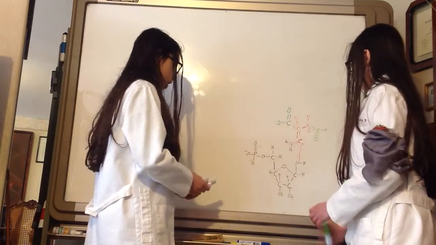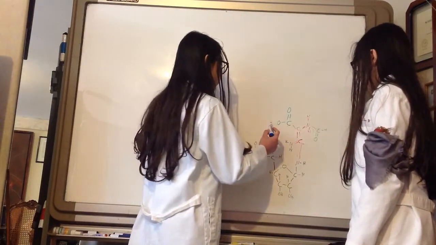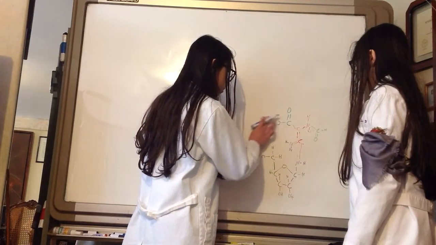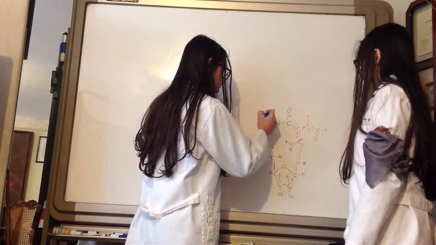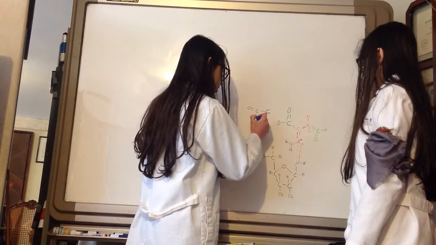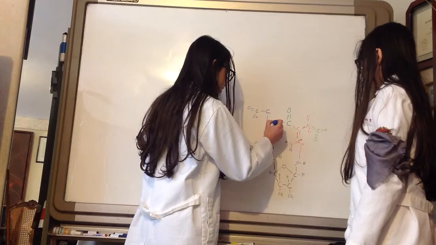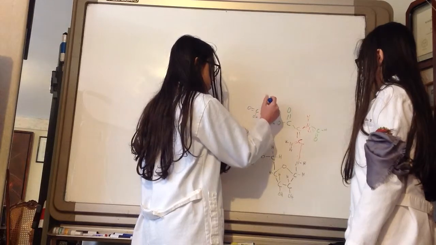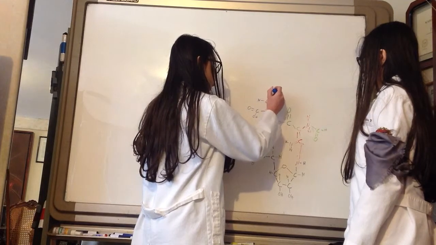And then the aspartate. Here is the alpha carbon, the carboxyl group, the amino group, the hydrogen, and in the R group is a carbon with 2 hydrogens and a carboxyl group.